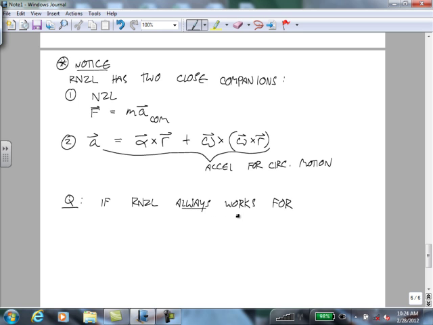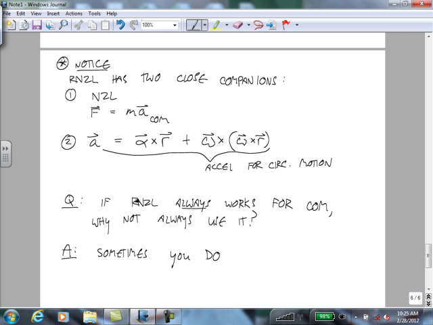Okay, so I have a question. If rotational Newton's second law always works for the center of mass, why not just simplify our task and always use that? What would you guess the answer is? Is that true, first of all?